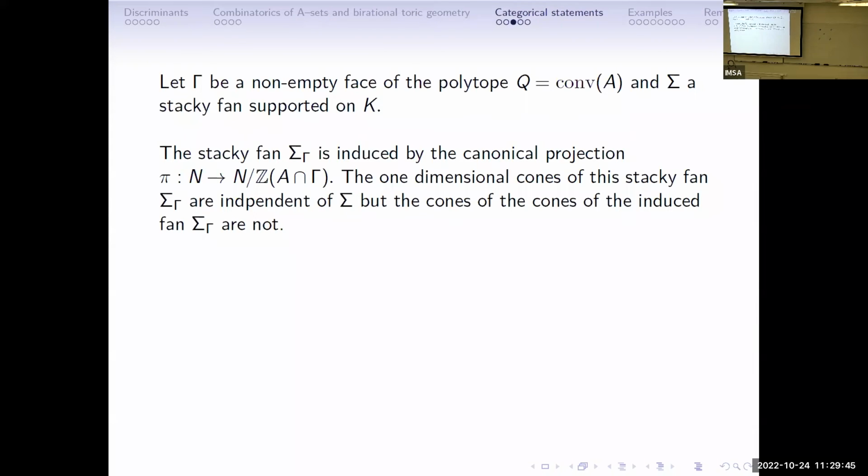You take the lattice and the sublattice generated by the intersection of the set A with your face, and you project this to the lattice N. And it's a natural way to describe a stacky fan living in this finitely generated abelian group.